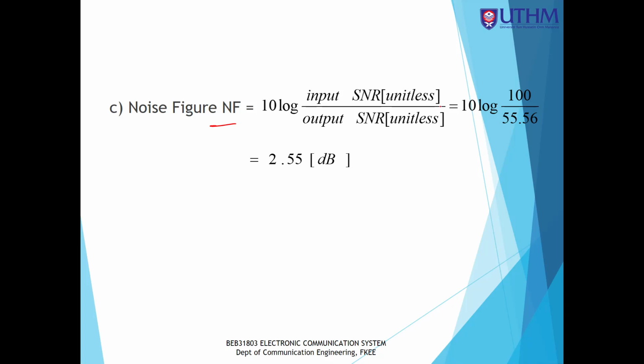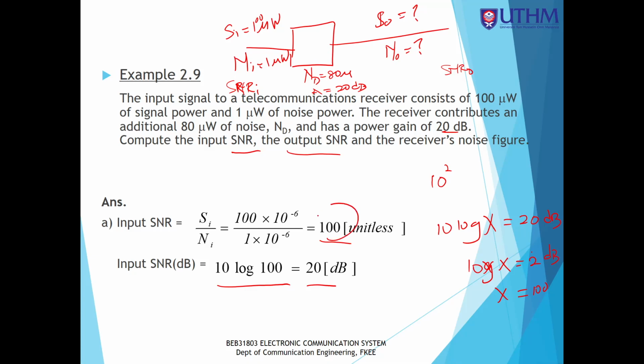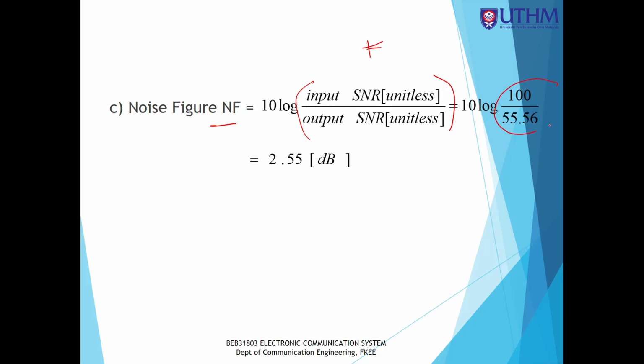Noise figure is equal to 10 log of F. So this is actually 10 log of the input SNR, which we already got as 100, divided by the output SNR, which is this one, 55.56. So you get 2.55 decibel.